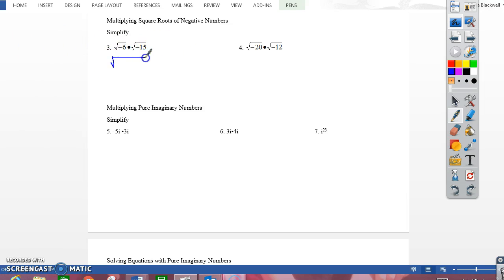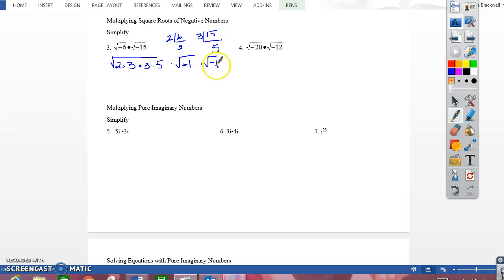So I can break this down: 6 would be 2 times 3, 15 would be 3 times 5, and then I have the square root of negative 1 times the square root of negative 1.